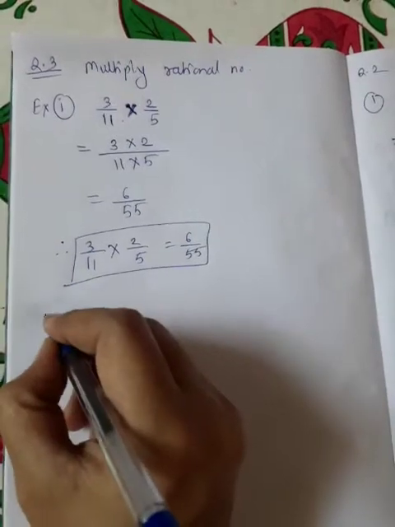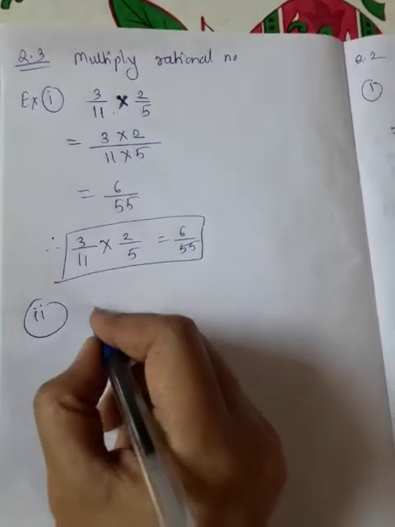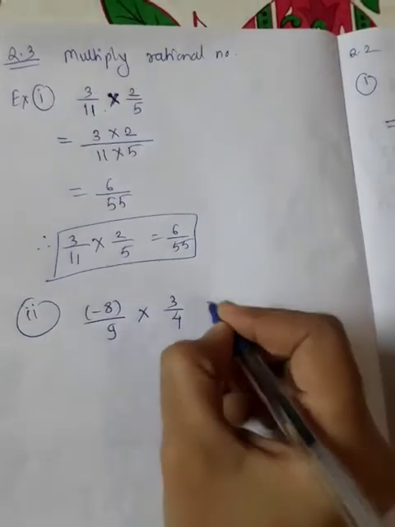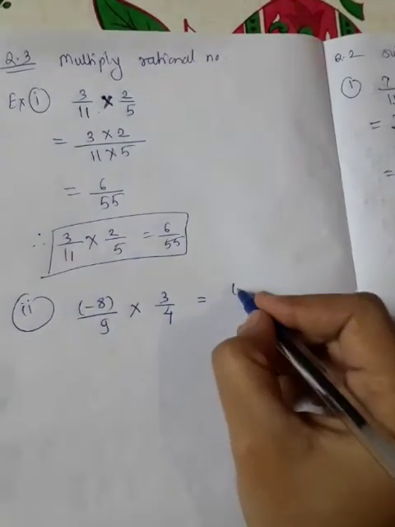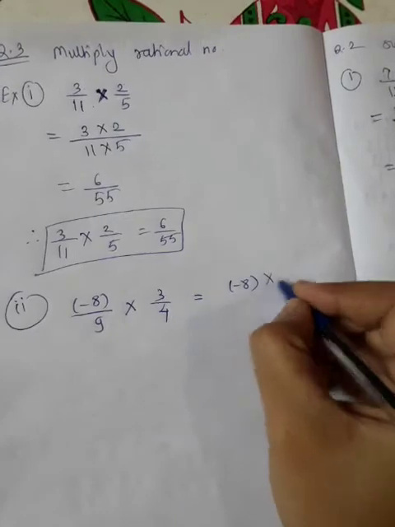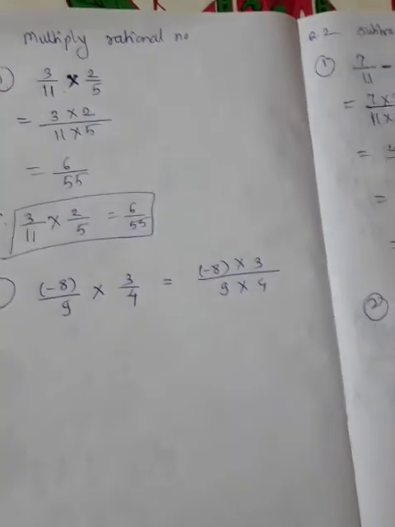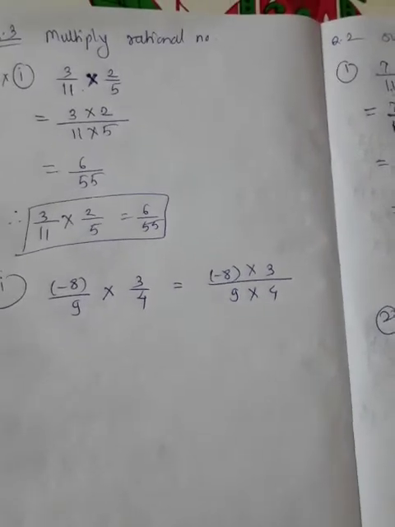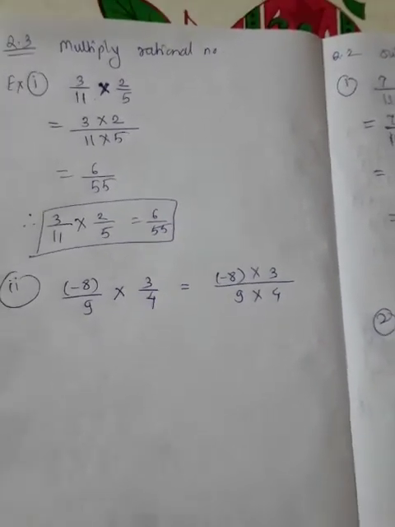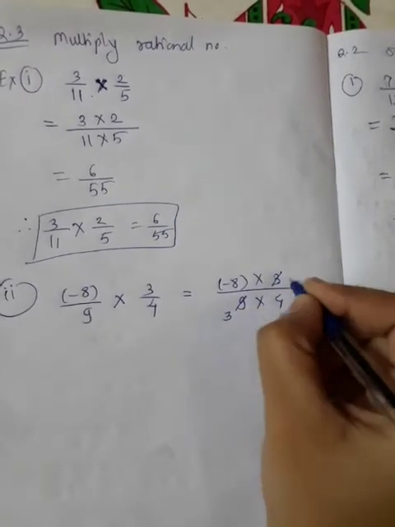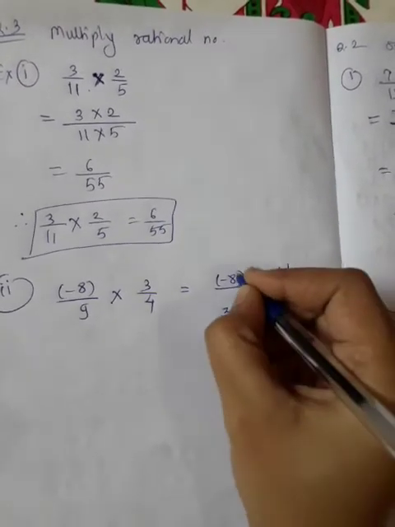Now second, minus 8 by 9 into 3 by 4. First multiply numerators, minus 8 into 3 upon the denominators 9 into 4. If it is possible to simplify, then you can do it. So here we know 3 1s are 3, 3 3s are 9, 4 1s are 4, 4 2s are 8.